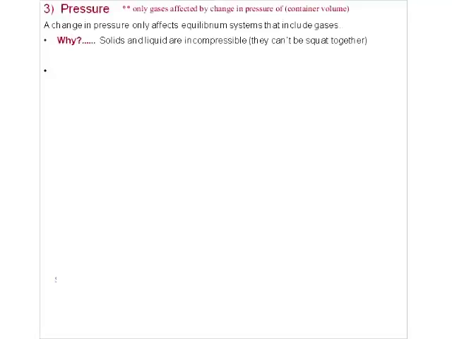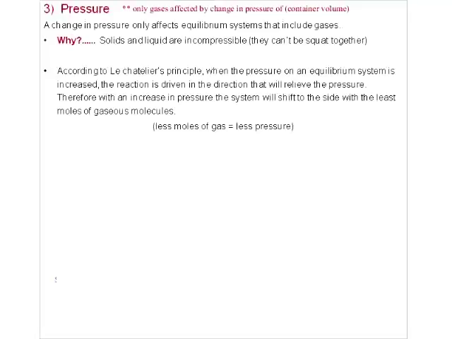And the idea behind Le Chatelier's principle in gases is it says when the pressure on an equilibrium system is increased, again, that's going to be the stress, too much pressure, the system is going to try and shift to get rid of that pressure. And what Le Chatelier is saying is that if we can shift to a side that has less gas, that means less pressure.